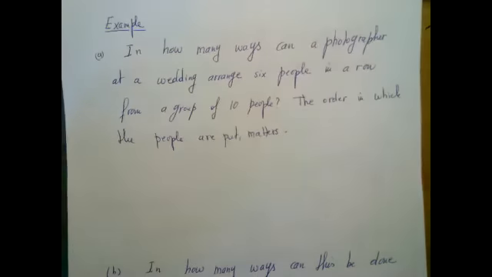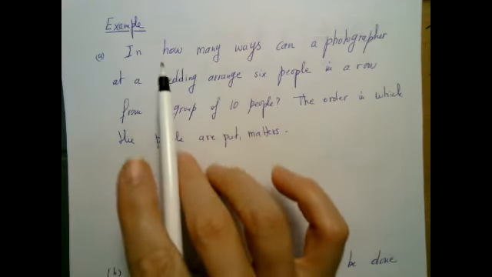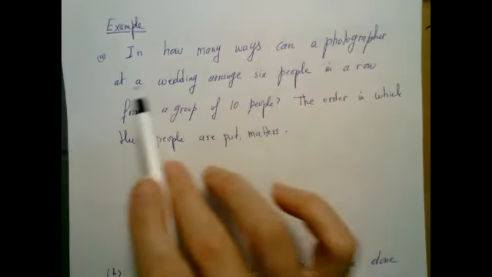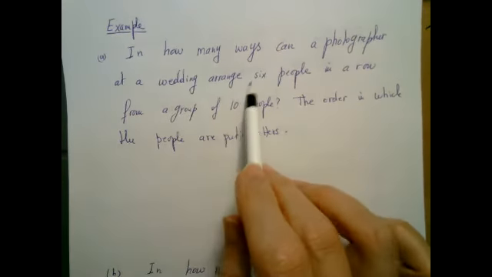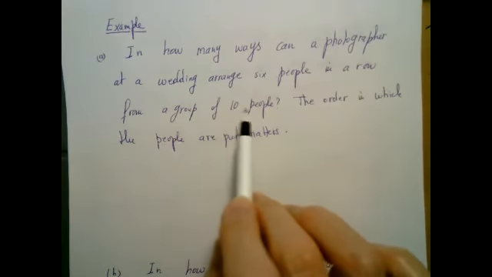I'll put the problem up in case you need to write it, and then we do it. It's 2 parts, A and B, fairly similar. The problem is: in how many ways can a photographer at a wedding arrange 6 people in a row from a group of 10 people?